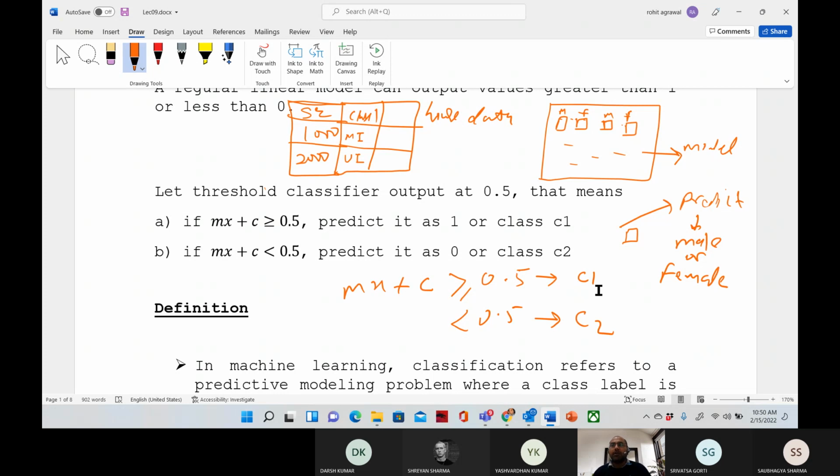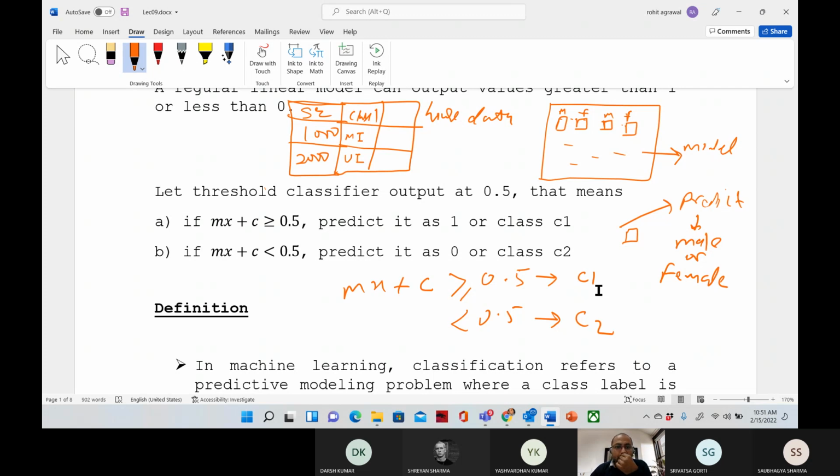Suppose in the housing price data, instead of the price of the house, we have the class, whether it is a middle income or upper income group house.